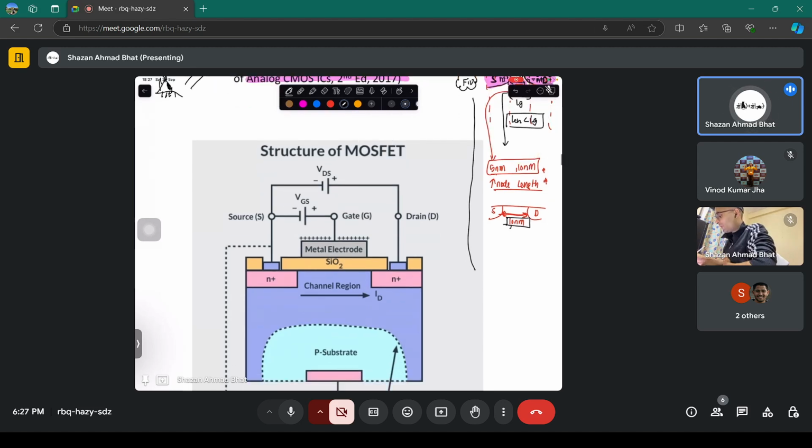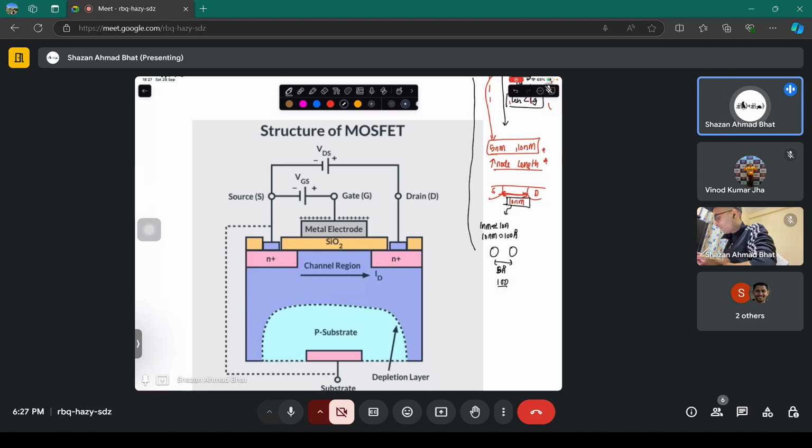How much is 10 nanometer? You know that 1 nanometer is approximately 10 angstrom. That means 10 nanometer is approximately 100 angstrom. And you know the distance between two atoms is approximately 5 angstrom. So 100 over 5 gives you 20 atoms. That means there are approximately 20 atoms in a straight line between the source and the drain.